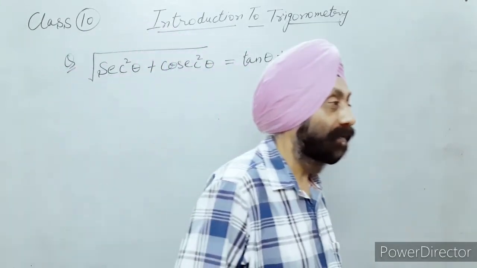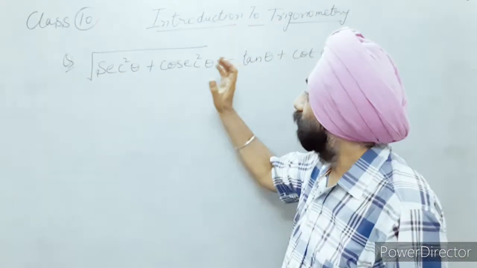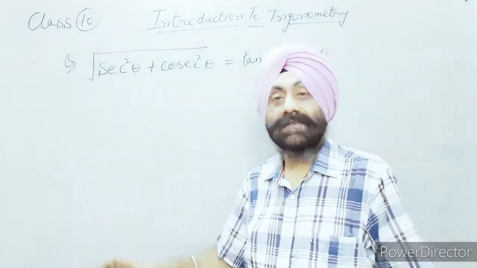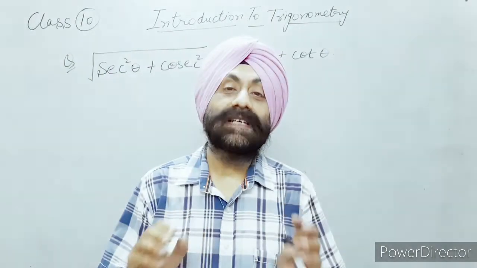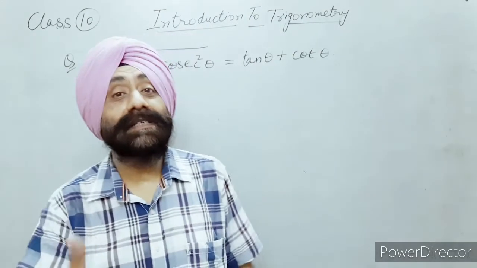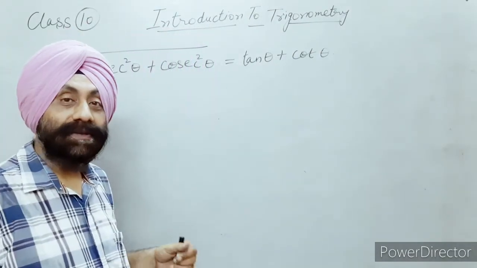Now we have to run a marathon. When we do these sums based on trigonometric identities, there are a variety of sums we will come across where we can use the basic trigonometric identities. So be prepared for it.